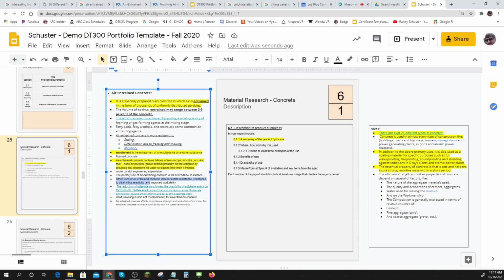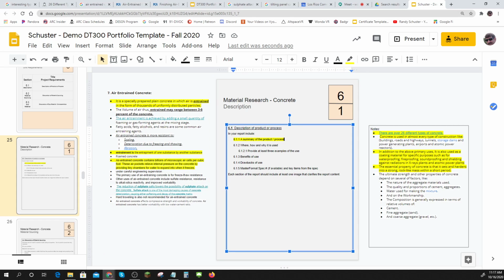This is more about the drawbacks and the benefits of the use, that it's used for sulfate resistance and hard troweling. So those are some of the main things. There might be more, but I'm going to just go down below here, and then I'm going to get rid of that. So now I have to put this all together, and I have to read them and see if I can. And this takes me three or four times usually.